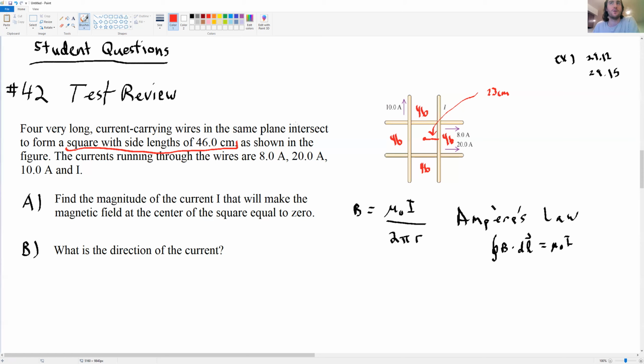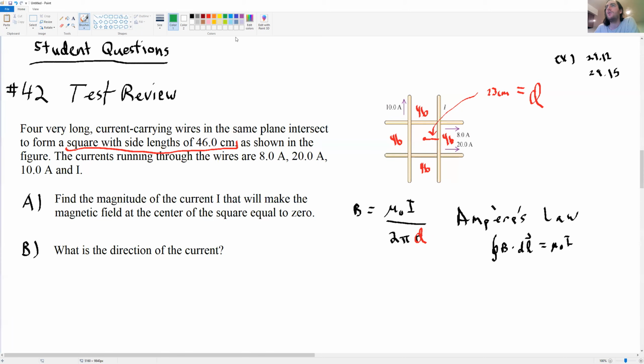Sean says not in this specific case due to the symmetry, which is kind of what I'm alluding to here. So let's see how things go. We can maybe replace R with D here, and we'll say that D equals this 23 centimeters as we go through this, and let's just see what happens.